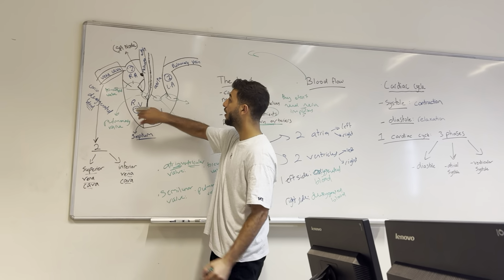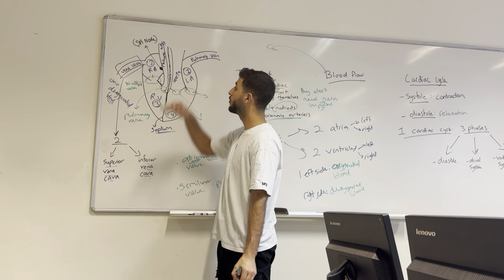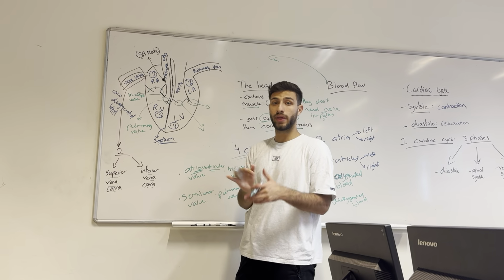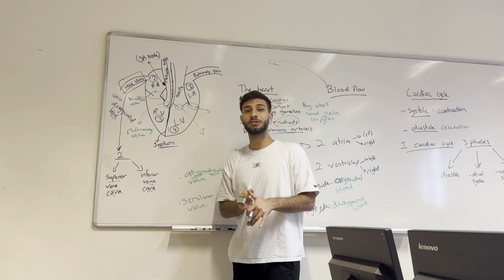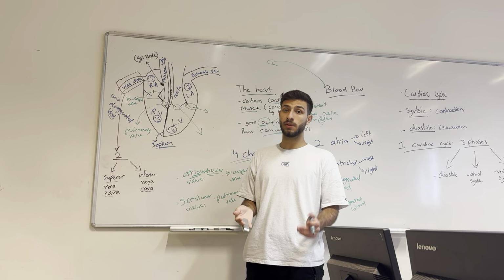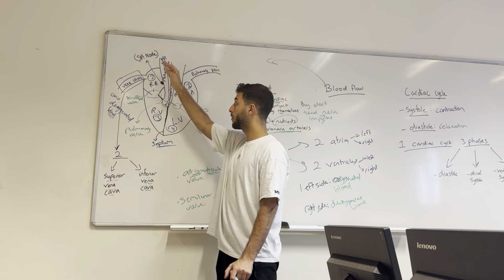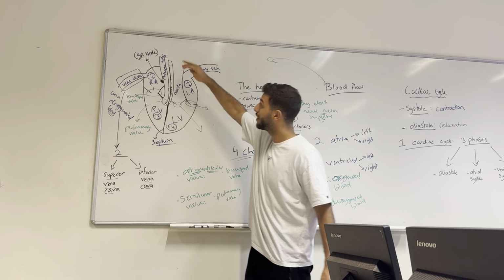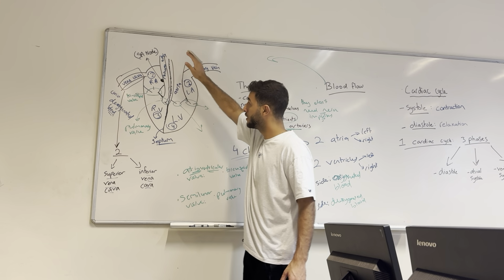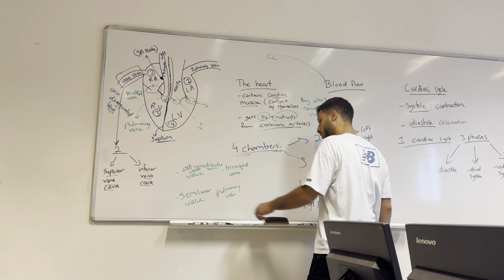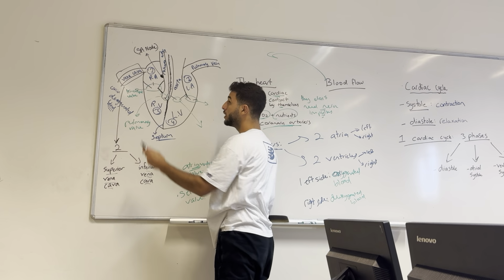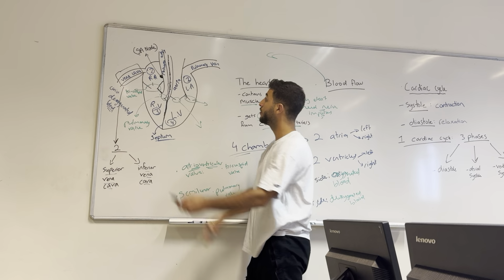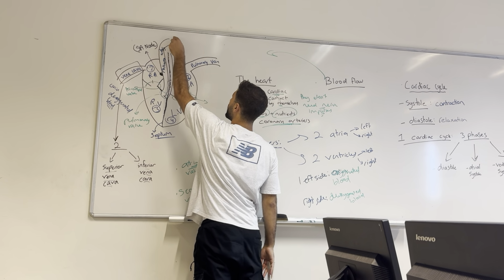Now it goes from the right ventricle into what? The pulmonary artery. Now remember, what did we say about the pulmonary artery? It's one of the exceptions. We said arteries usually carry oxygenated blood. However here, what are the pulmonary arteries carrying? They're carrying deoxygenated blood. So the pulmonary artery takes blood into where? Try to assume. So we want blood to get oxygen. So it's going to take the pulmonary artery to the lungs.